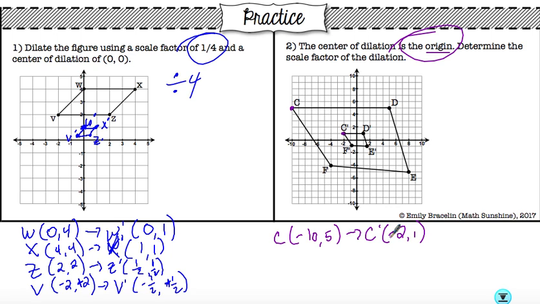So you're going to ask yourself, how do I get from negative 10 to negative 2? What do I multiply or divide by? I know I divide by 5 to get from 5 to 1. That is the same as multiplying by 1/5. So the scale factor is 1/5 for this question.